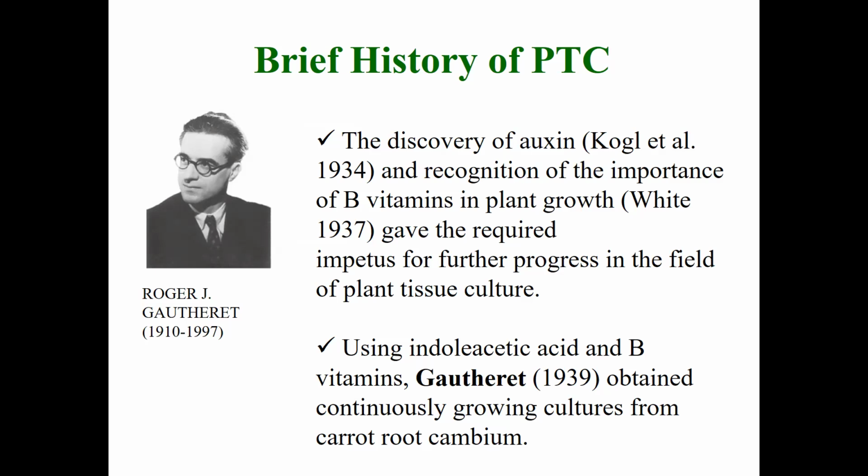And he also found that B vitamins are also required for plant growth. So these are the starting point of how, artificially, in in vitro conditions, you can cultivate plant cells using indole acetic acid. Auxin is also indole acetic acid. Indole acetic acid and B vitamins.